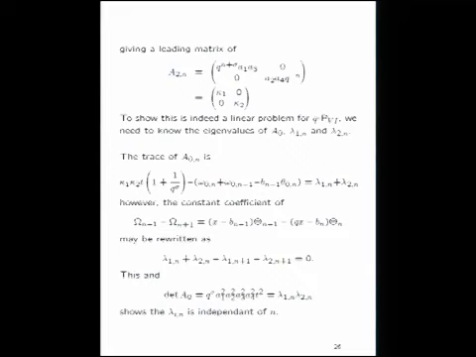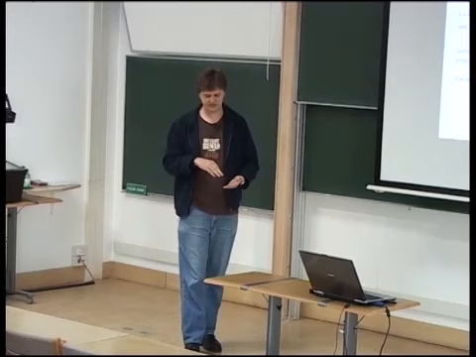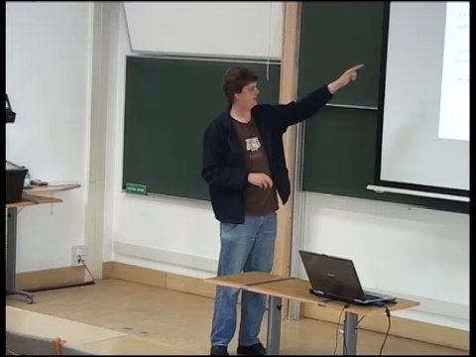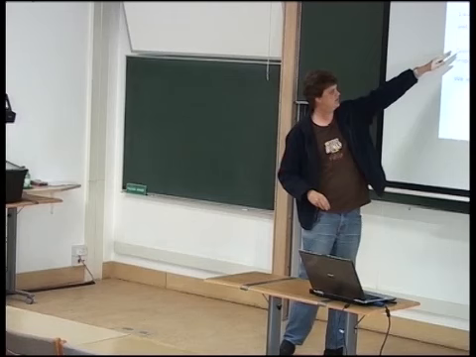You also know that the determinant of A0, which is the determinant of A at x equals 0, is independent of n. So that tells you that the eigenvalues are independent of n. Then you need to show that the eigenvalues of A0 are proportional to t. Well, that's also simple. You have that the determinant of A is this.